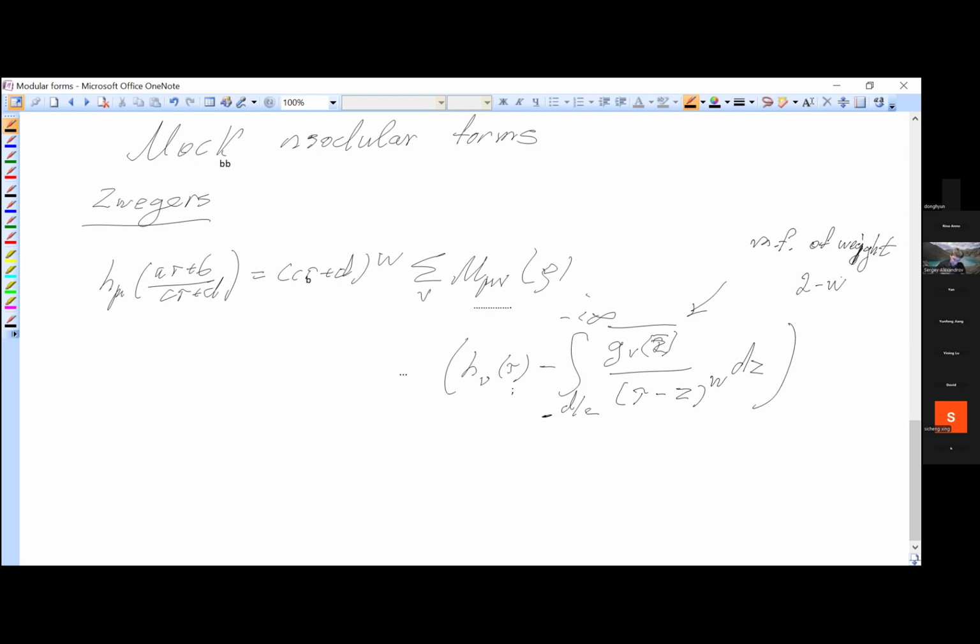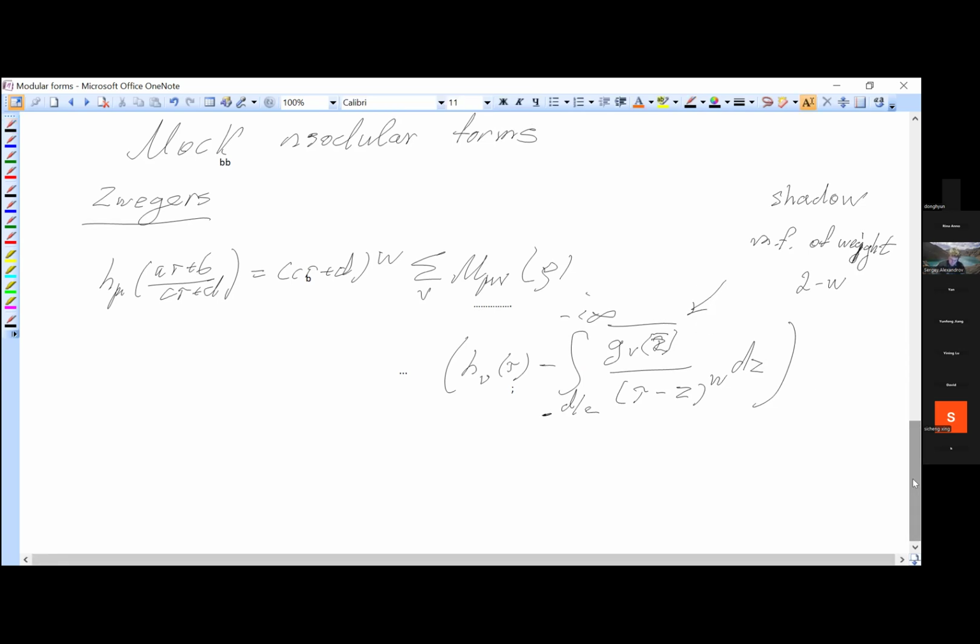And this modular form is called the shadow. So this is the shadow of a mock modular form H. This is just the definition. If your function transforms in this particular way with some modular form g, then it's called a mock modular form.